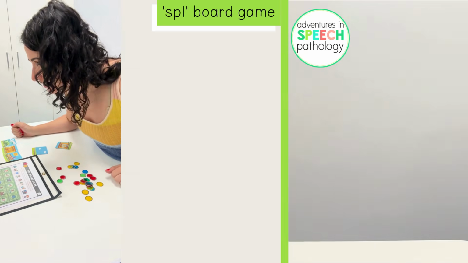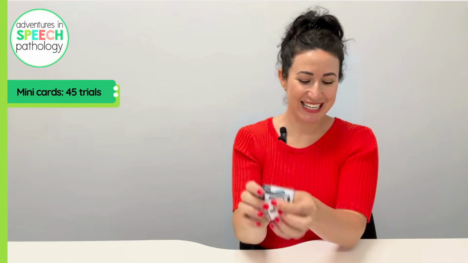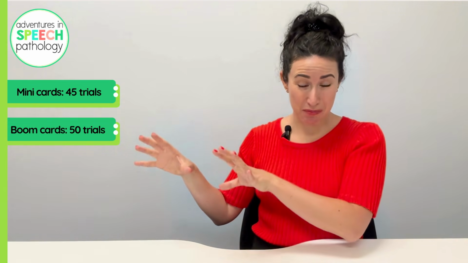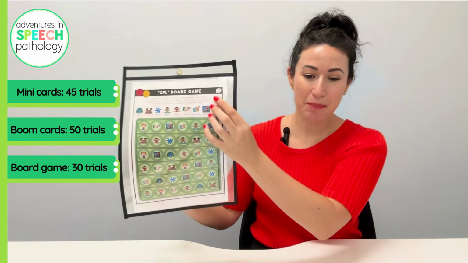Nice job. So that whole session was a minimum of 125 practice trials. And I knew that because, like I said, I knew that I had 45 mini cards here. I knew that my boom card decks, we did 5 pages and there was 10 to a page, so that was 50. And I knew that there were 30 practice trials up here.